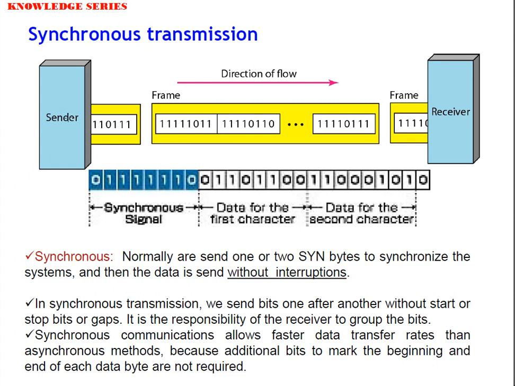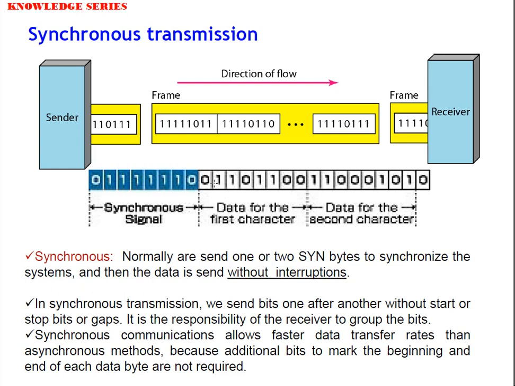In the synchronous transmission, you can see that there is a sender, there is a receiver, and we transmit in the form of a frame. A frame is a collection of bits. That is what we see in the case of synchronous transmission, where a block of characters is marked with synchronization characters, and that is what we term a frame.